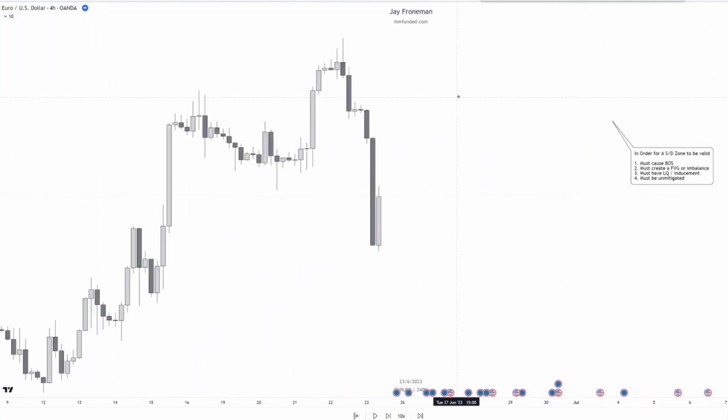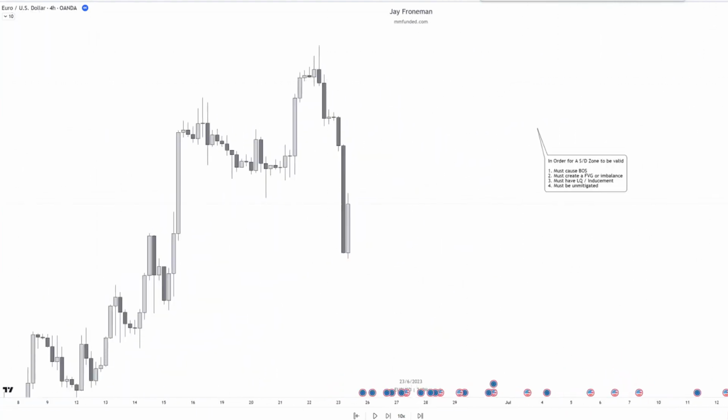Okay, so over here, most recently, we have had Euro USD with a break of structure to the downside. We have a valid area of supply here, and we also have a valid area of supply here. Why is that so? Because these are both valid candles that have created the inefficient push. The break of structure is unmitigated.